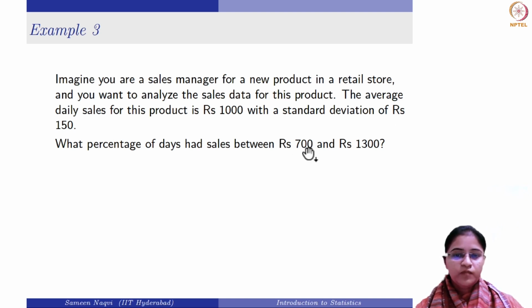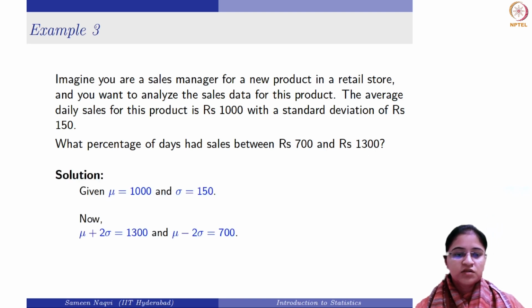You get 700 if it is mu minus 2 sigma, because 1000 minus 2 sigma, that is 300, would give you 700. Similarly, 1000 plus 300 would give you 1300. So you can see mu plus 2 sigma is 1300 and mu minus 2 sigma is 700.